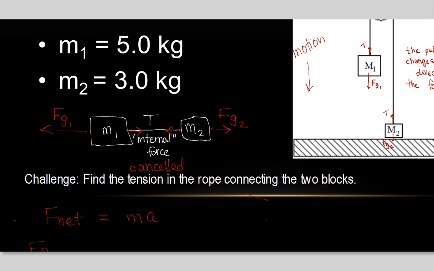Fg1. Oh, I ran out of space there. Fg1 minus Fg2. And then here comes the dicey part. What is the mass of the system?